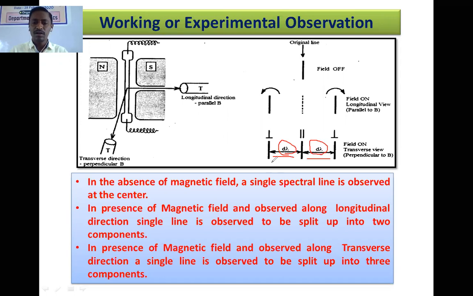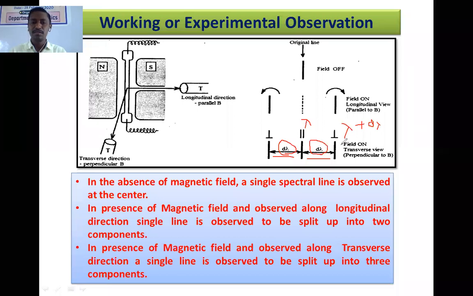The lower component line has a wavelength less than that of the central component by d lambda, and the upper line has a wavelength more by d lambda than the original line. If the wavelength of the original line is lambda, the wavelength of the upper component will be lambda plus d lambda, and the wavelength of the lower component is lambda minus d lambda.